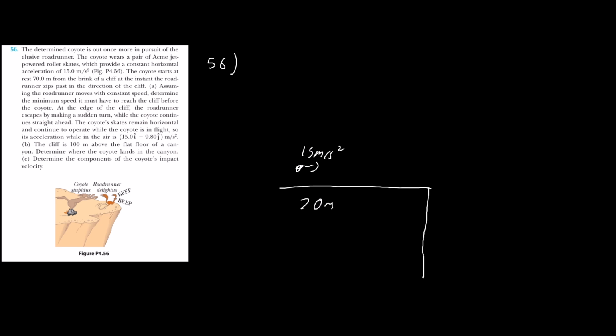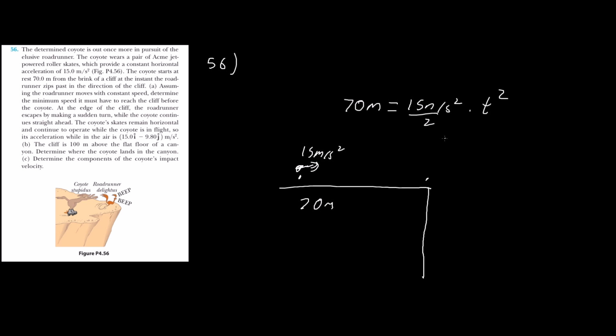So let's find the time it takes for the coyote to reach this point at 70 meters, because that would be the minimum speed that this roadrunner would have to run at. So in order to do that, we're going to let the displacement be 70 meters, and we're going to let the acceleration, 15 meters per second squared, divided by 2, times t squared.